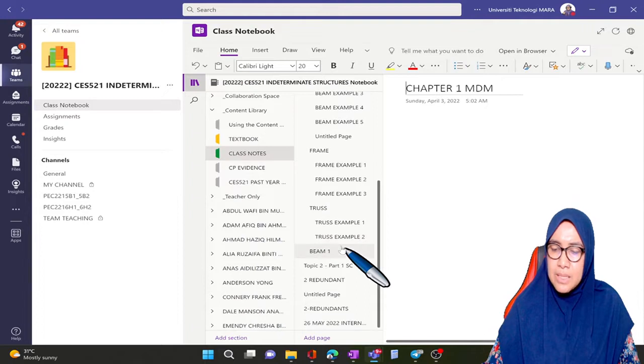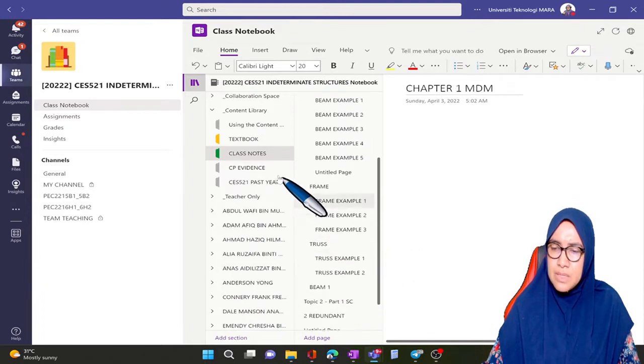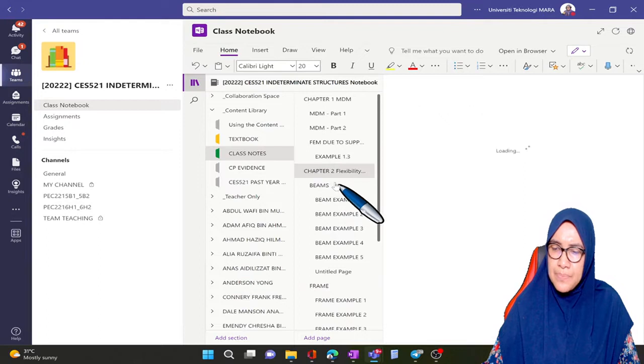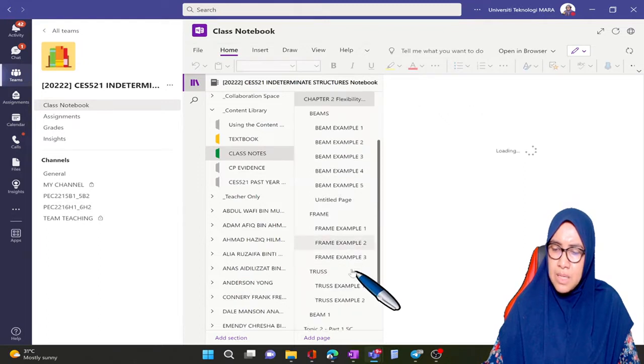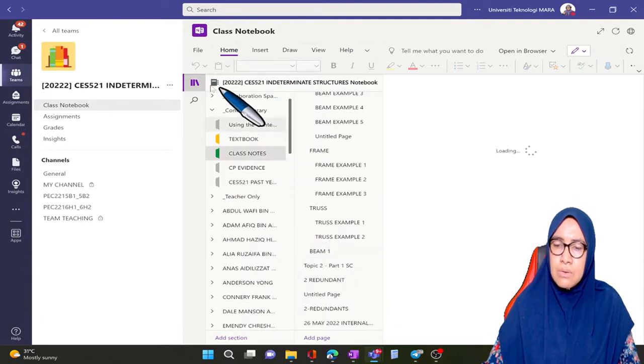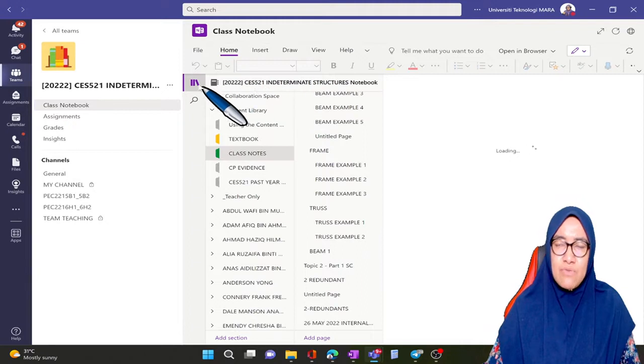Under, where is it? Stiffness method. Chapter 1, flexibility. This is flexibility. Oh, this is CS521.